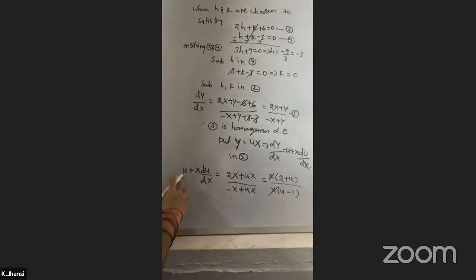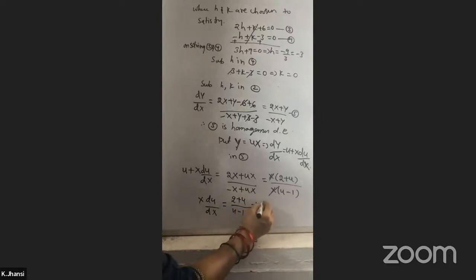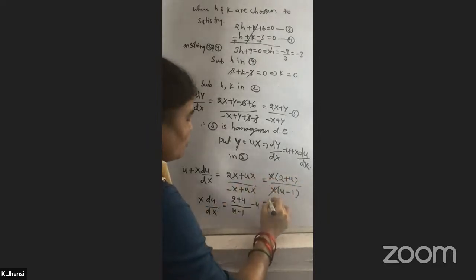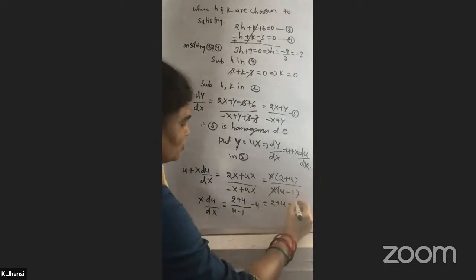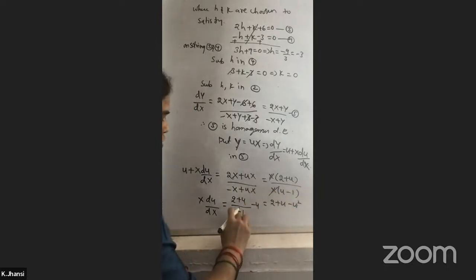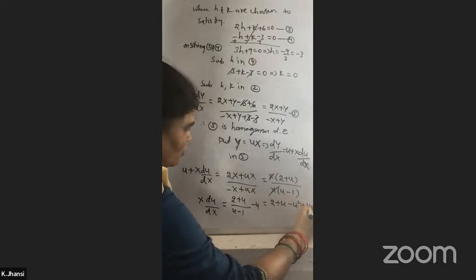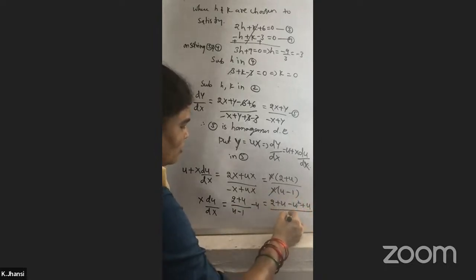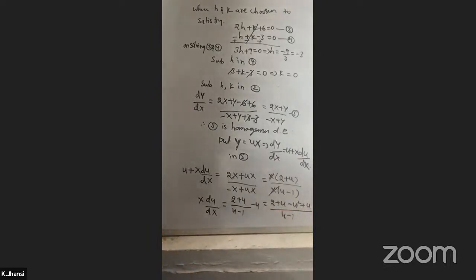Okay. Now same procedure, you take this u to that side. x into du by dx is equals to 2 plus u by u minus 1, minus u. If you simplify this, do the cross multiplication. So you will get 2 plus u minus u into u is u square. Minus into minus is plus u, by u minus 1. Okay.